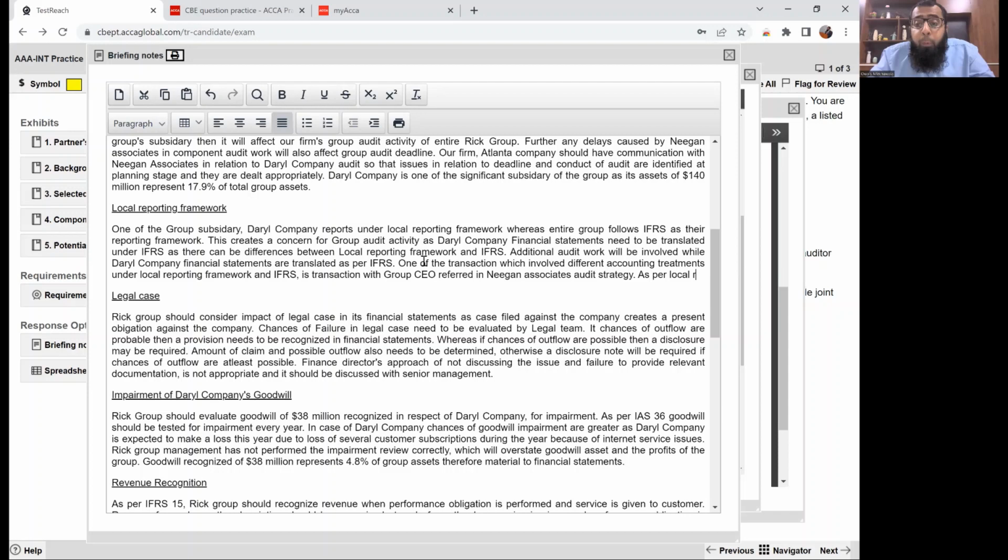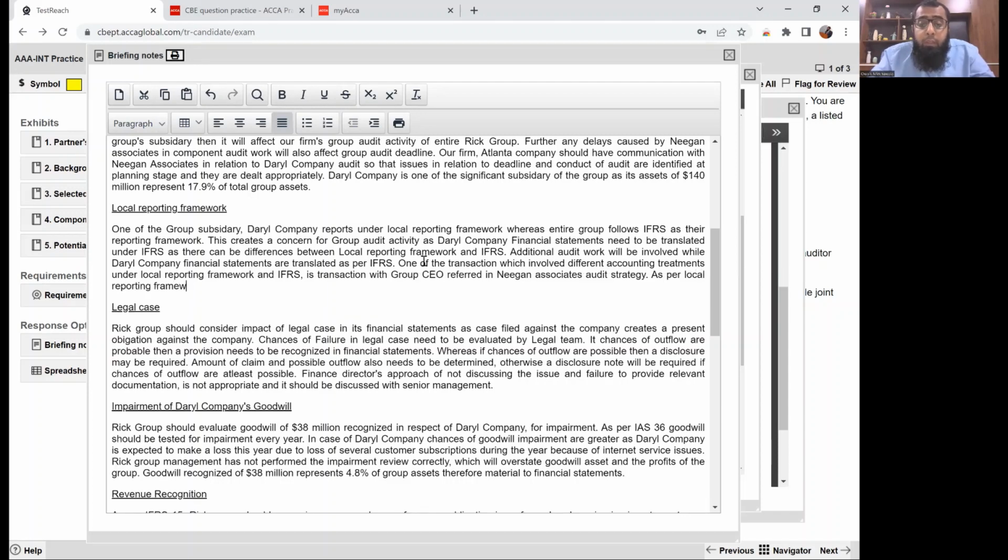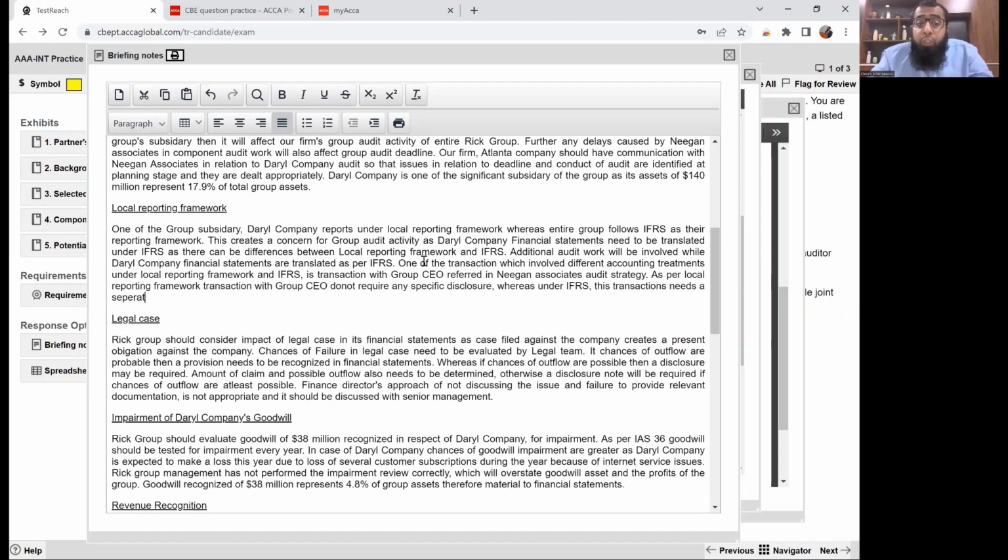As per the local reporting framework, a transaction with the group CEO does not require any specific disclosure, whereas under IFRS, this transaction needs a separate disclosure as it is a related party transaction.